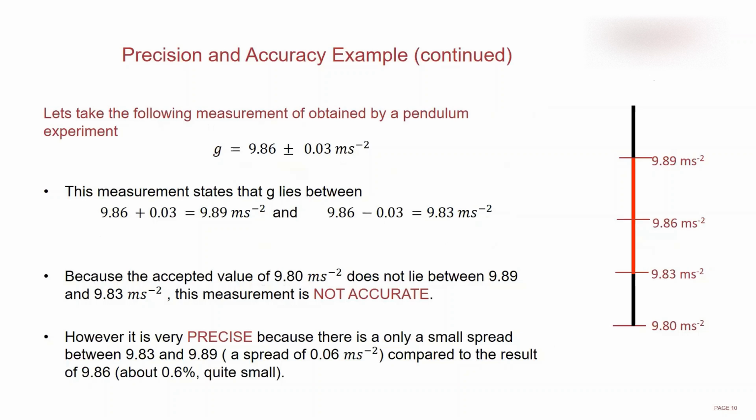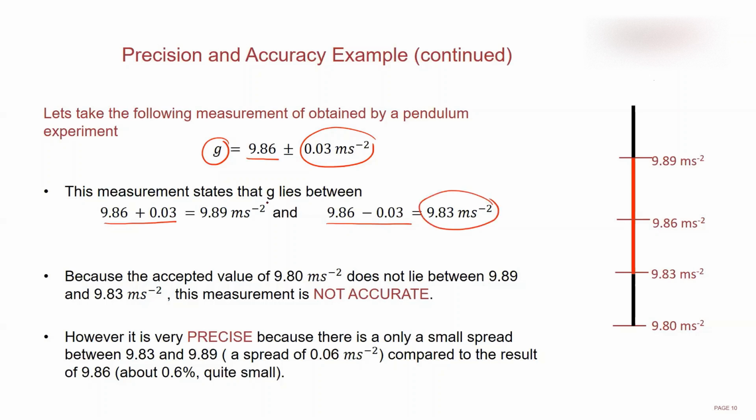Let's take another example. Here we again have a value for the gravitational acceleration using the pendulum experiment. It is 9.86 plus or minus 0.03. This 0.03 again represents the error or the precision, and we have to check whether these measurements are accurate and precise. To see whether it's accurate, we find the range: 9.86 plus 0.03 and 9.86 minus 0.03.